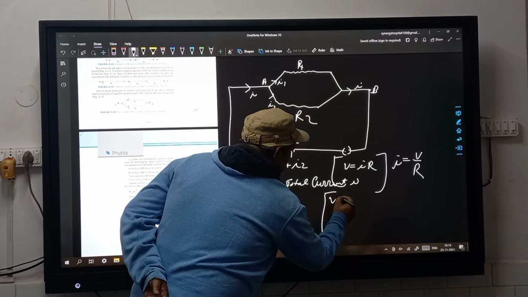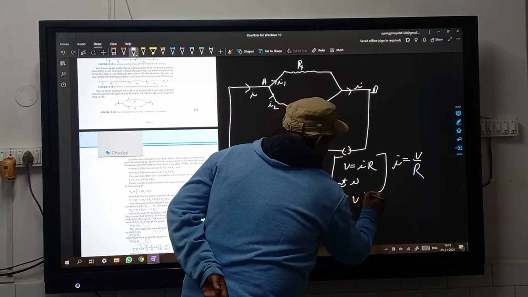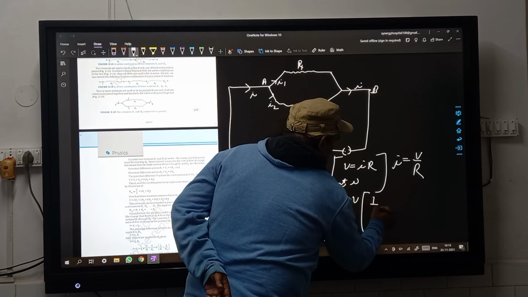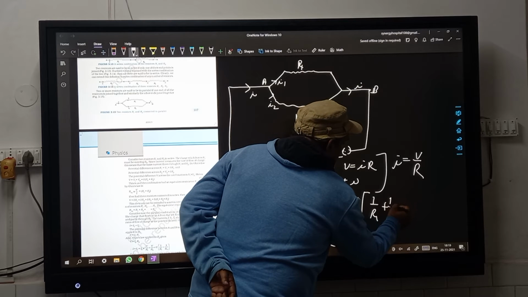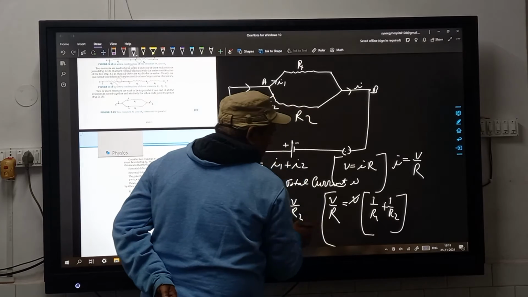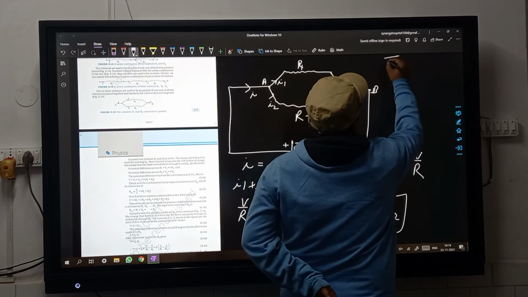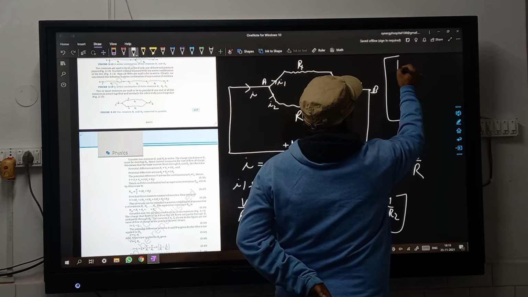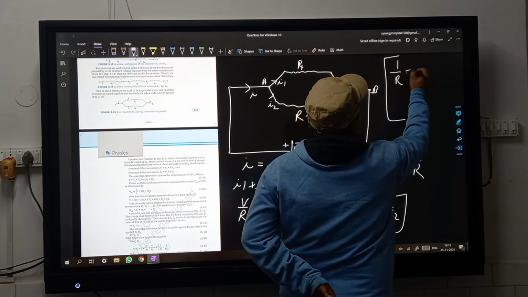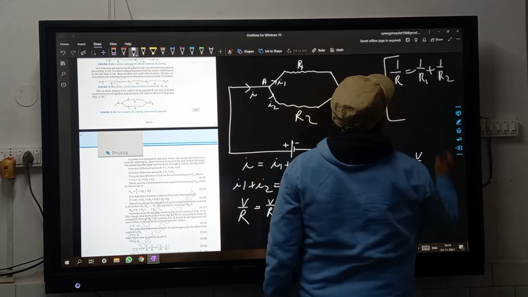That is V upon R equal to, V can be taken as common, 1 upon R1 plus 1 upon R2. V gets cancelled out from both sides. Finally, as a result, 1 upon R equal to 1 upon R1 plus 1 upon R2.